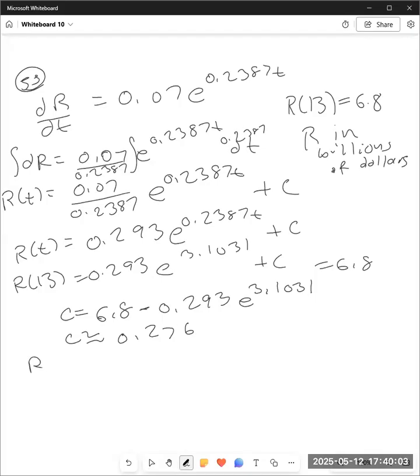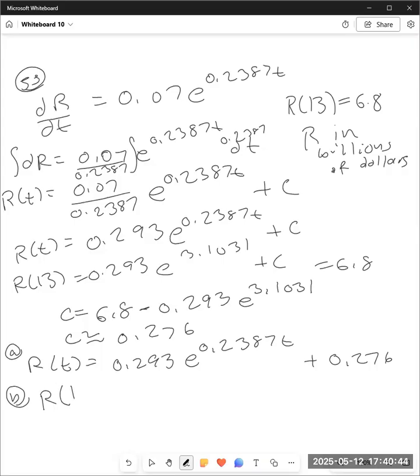So that gives me my R of t is equal to 0.293 e to the 0.2387t plus 0.276. Again, remember R is in billions of dollars. So now, this was part A. Part B asks me to find the revenue in 2012 based off of this model.